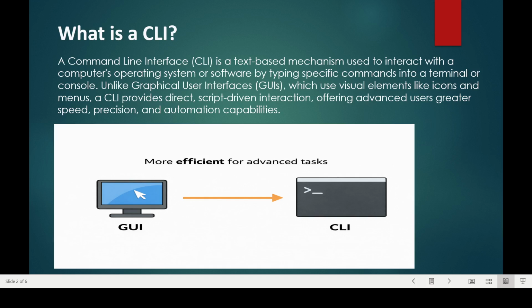But a command line interface is text-based, which means you write a text and then command the computer to perform a specific task, or to answer you, or to guide the machine on what you want it to do.